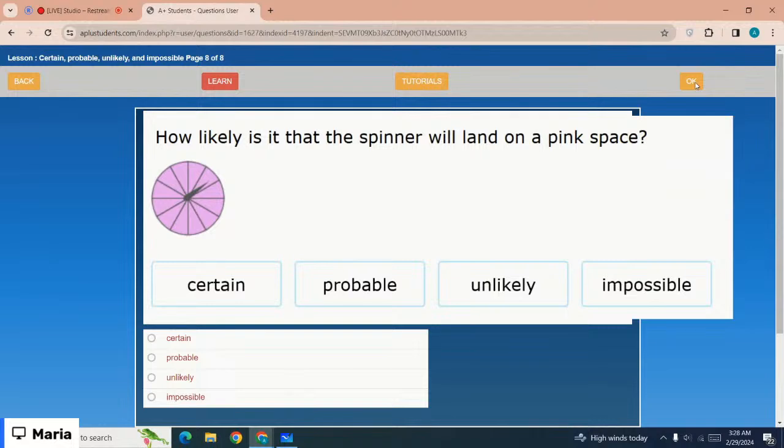The correct option is, certainly it will land on pink, right? Because all of the portions on the spinner are pink, so it will certainly land on pink. The correct option is certain.